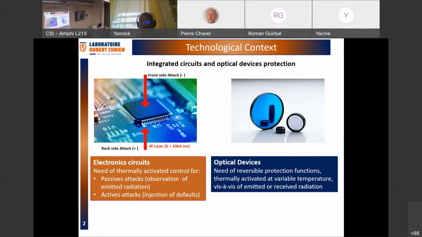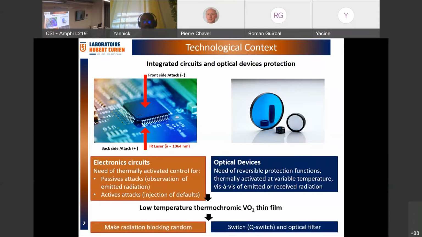This can be done using a thin film that's grown at low temperature. So here the idea is to use the low temperature thermochromic vanadium dioxide thin film to make radiation blocking random for electronic circuits, and also make a device that can be thermally activated at variable temperature in optics, like a switch or optical filter.